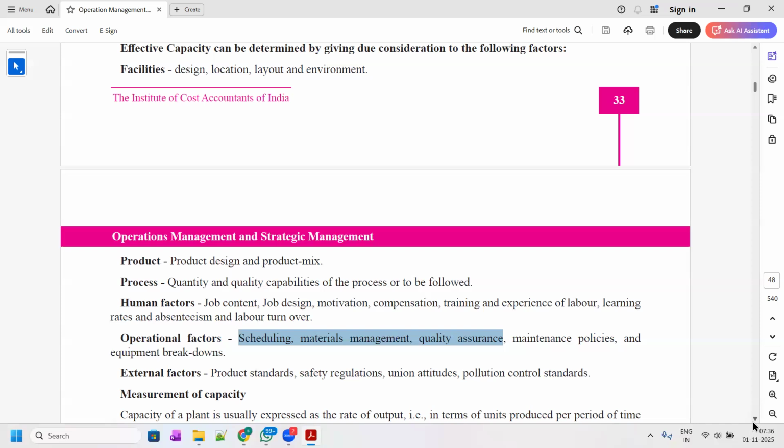Then you have human parameters: you need to motivate them, train them, and give them content, so that they gain experience of labor and learning rate, and absenteeism and attrition can be avoided. Operational factors: scheduling, material management, quality assurance, management policies, equipment breakdown, that comes under operational factors.